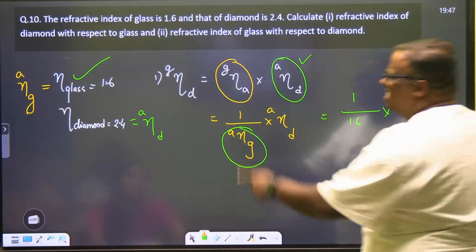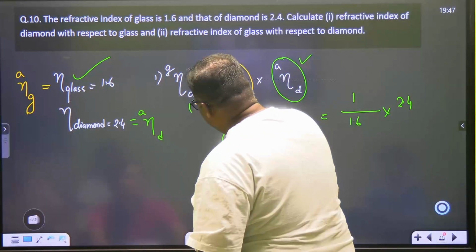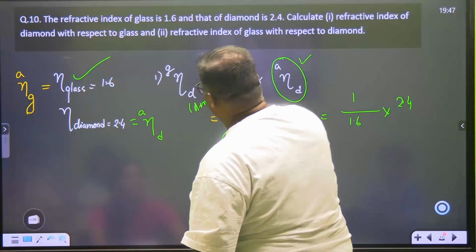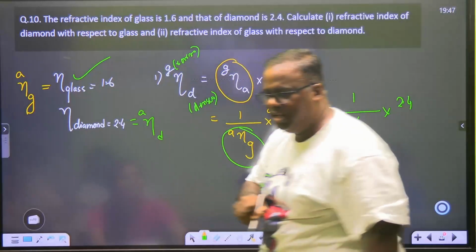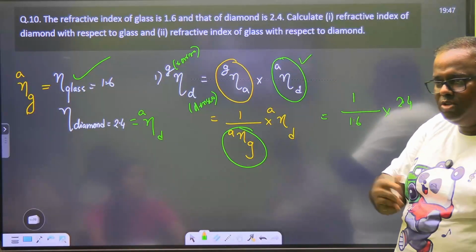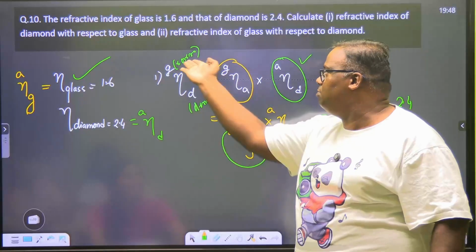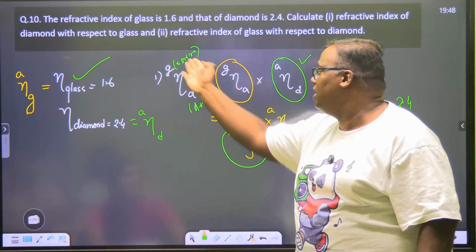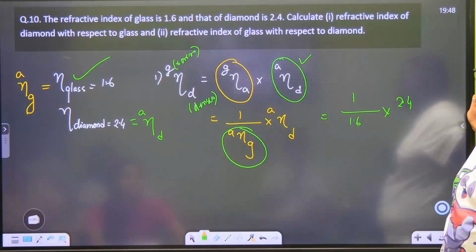Yes, because you are seeing diamond with respect to glass. Then this is a denser medium, and this is a rarer medium. Now glass has become rarer. Glass was a very dishonest boy, but you are comparing it with a super dishonest boy. So glass became honest. Now this is rarer, this is denser. So the ratio will come more than 1. We are correct.